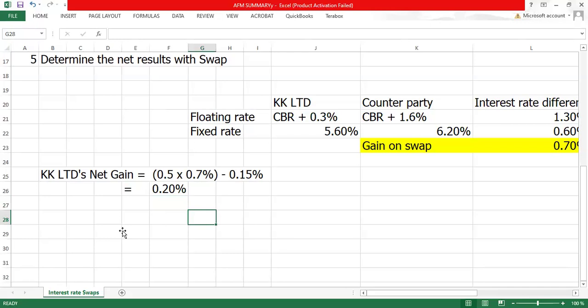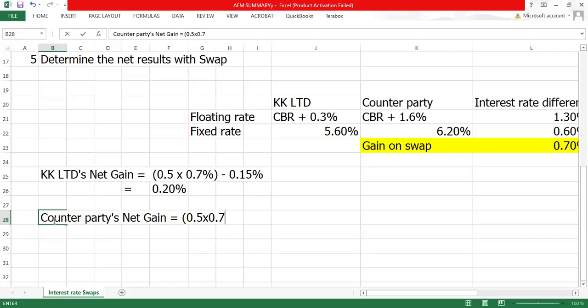Okay. So next, you also look for the counterparty's net gain. Net gain, which will be also what? The sharing ratio 0.5 because it is equal, times the net gain, which is 0.7%, then minus the total fees charged by the bank.